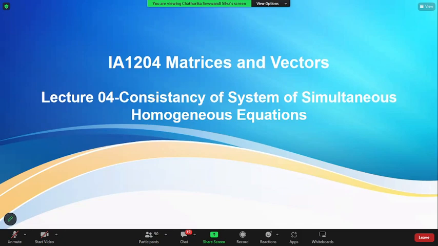Here we are going to look at the consistency of systems of simultaneous homogeneous equations.